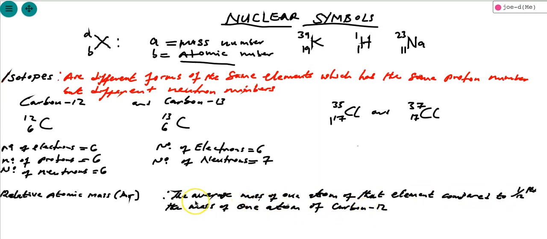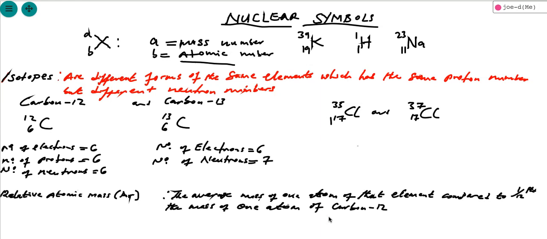Okay, the definition you must know: relative atomic mass is the average mass of one atom of that particular element compared to 1/12 the mass of one atom of carbon-12. Now, there is a particular formula that we use to work out the relative atomic mass of an atom.